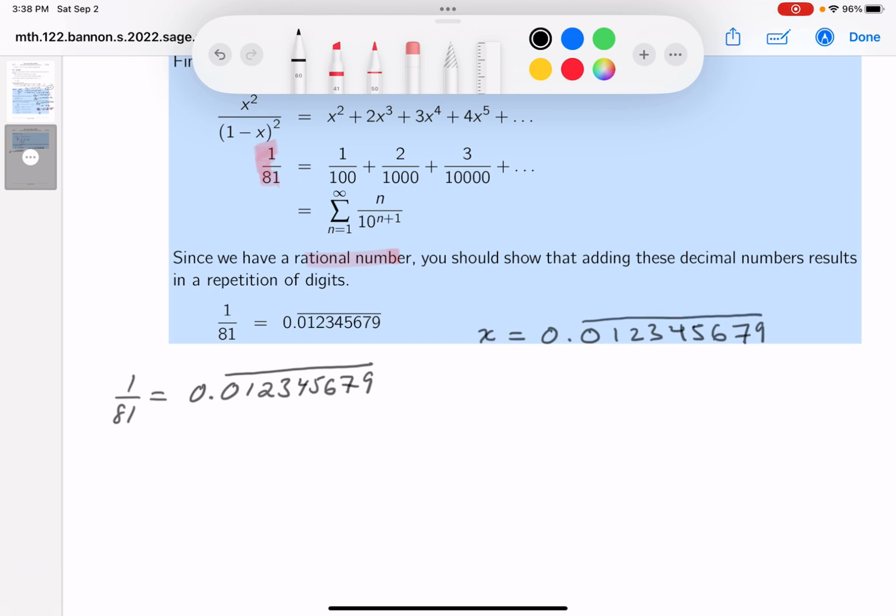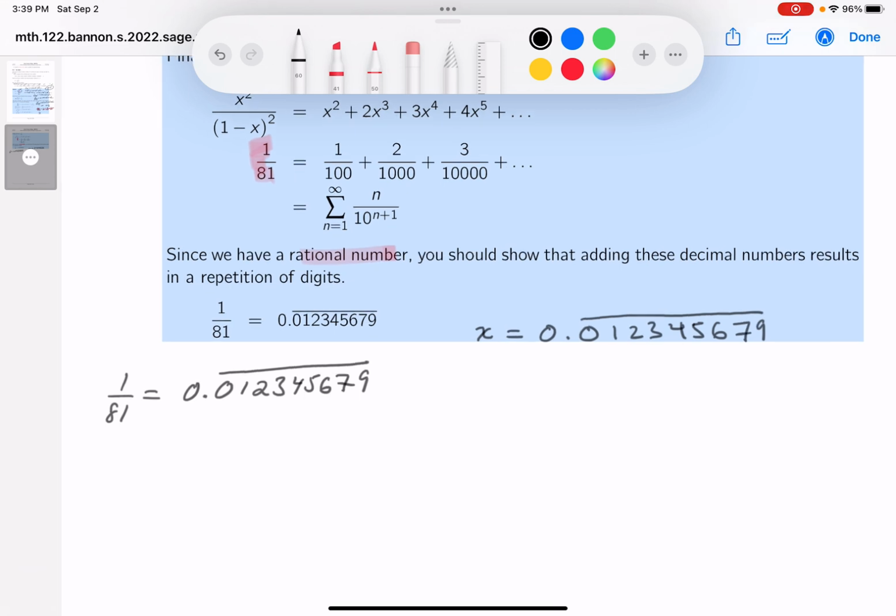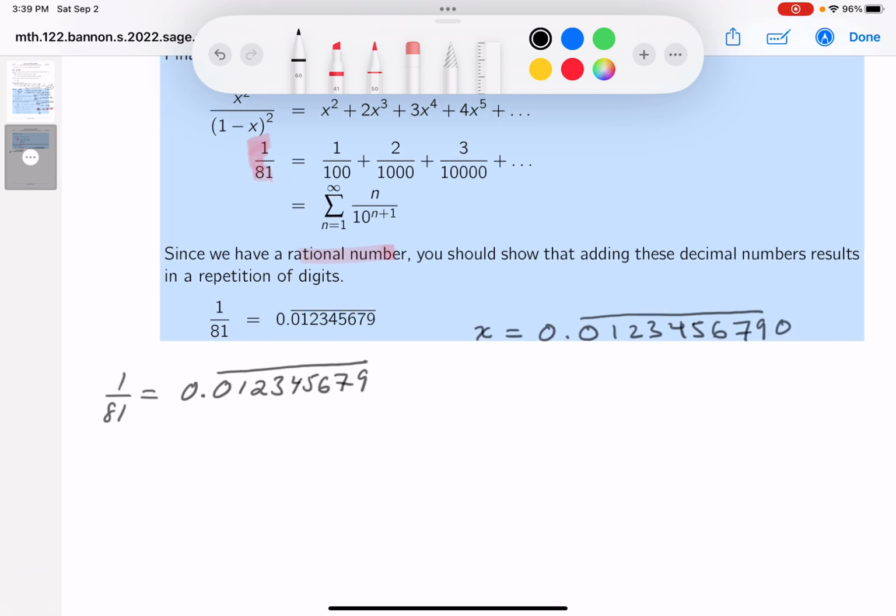I really don't like the way that looks because I need to multiply by something, right? And what do we need to multiply by? I need to multiply a certain number of digits. Oh, by the way, the next digit after this one is going to be 0, blah, blah, blah, 1, 2, 3, 4, 5, 6, 7, 9. It's going to be missing the 8. So I'm not going to write that down. I'll erase it now. Question is, how many places do I need to multiply by?